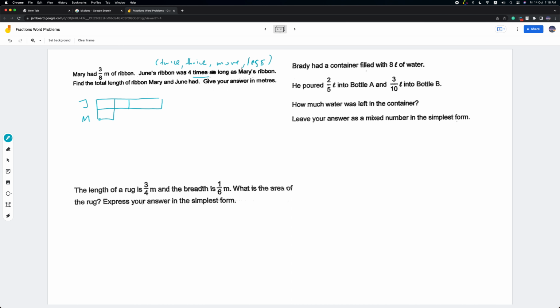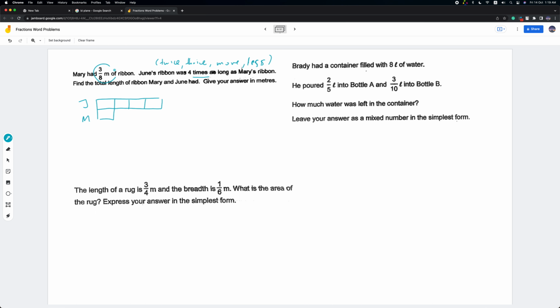I prefer to join the models here. Some of you would prefer to draw them separately like this. It doesn't matter, because models are just to represent the question, as long as you don't draw anything that's not accurate, or draw the units wrong, it's fine.